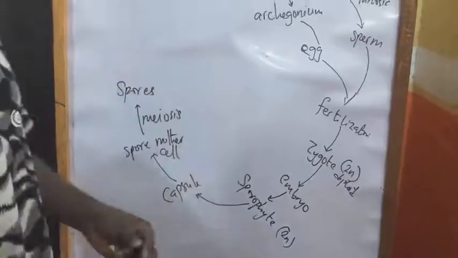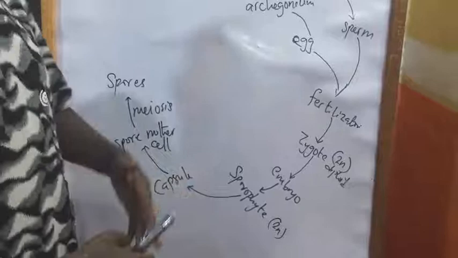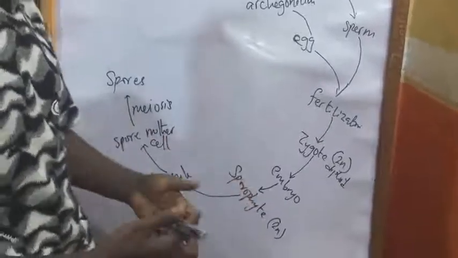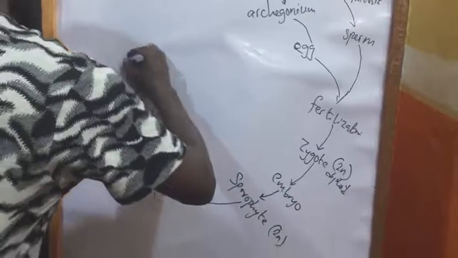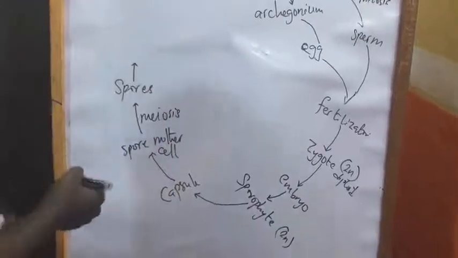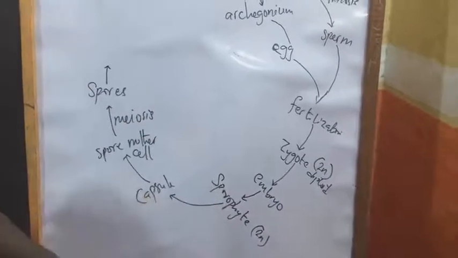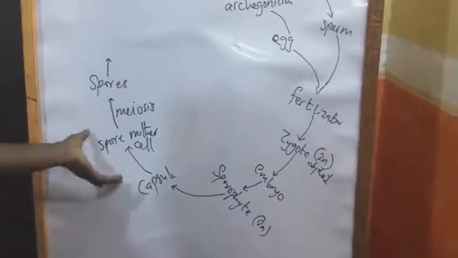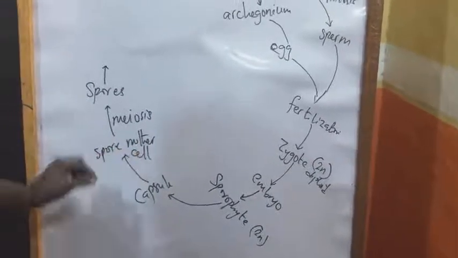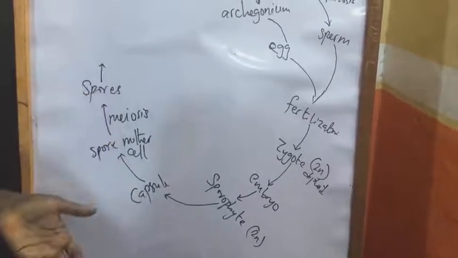When spores reach a land that is fertile enough for it to germinate, what then happens? Let me look at this again. The sporophyte produces the capsule. The capsule produces the spore mother cell. Through a process known as meiosis, spores are produced.